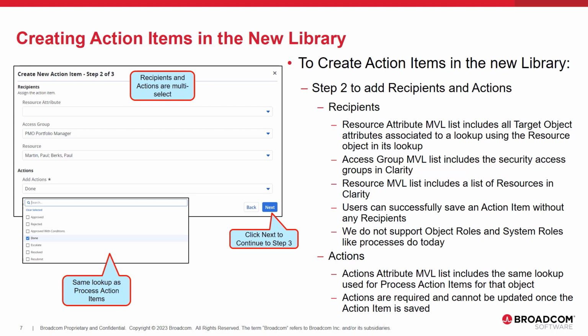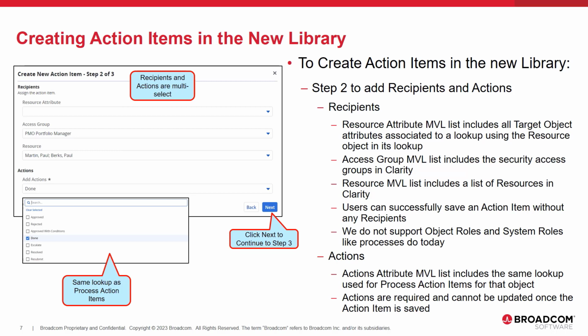One thing to note is that users can successfully save an action item without any recipients, because this may be a work in progress. We do not support object roles and system roles like we do in processes. The actions attribute is also a multi-select, and here you'll select all the possible actions for this particular action item.